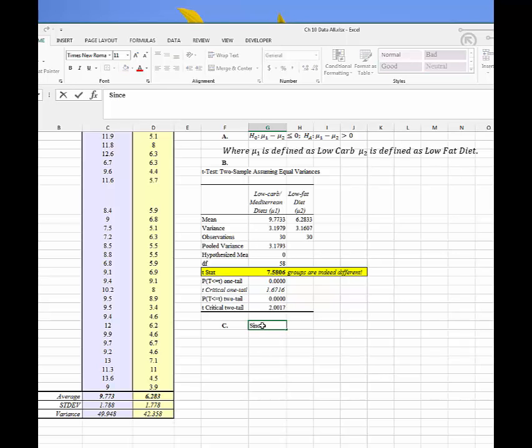So since our t-stat is greater than the critical value of 1.6716, we can reject the null in favor of the alternative.